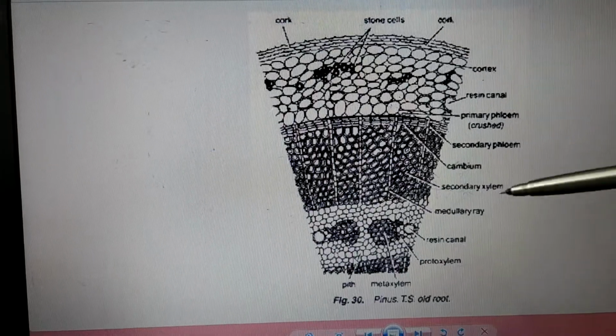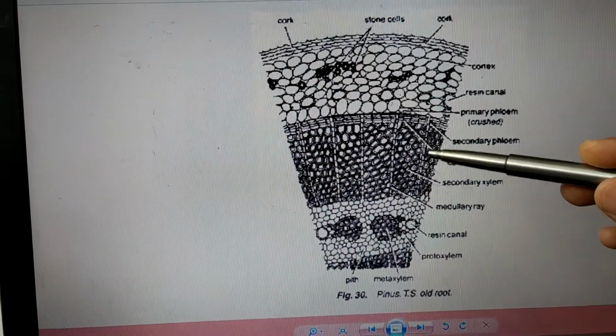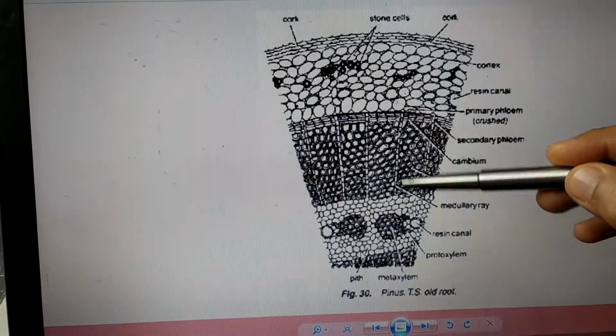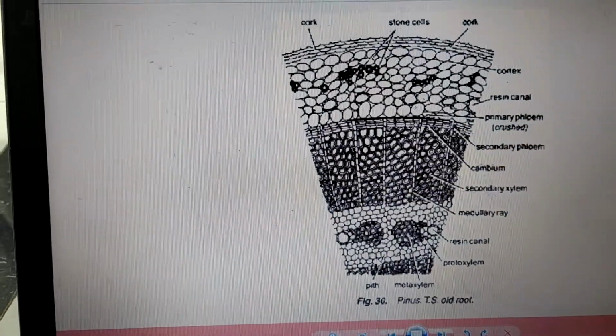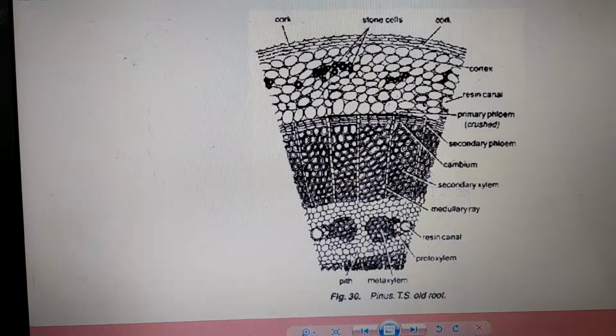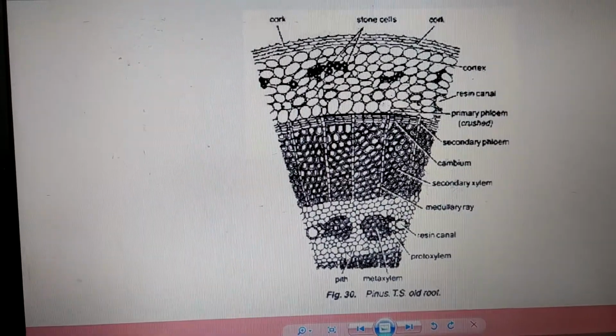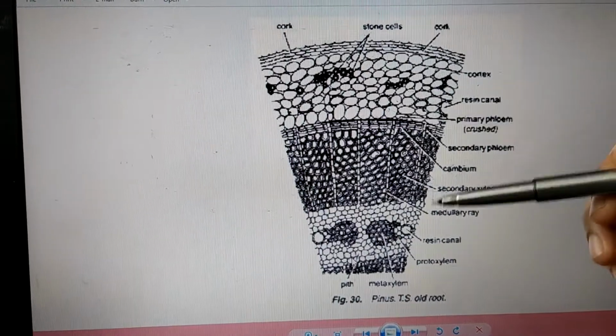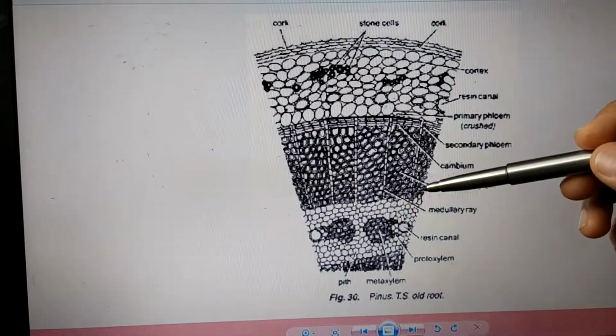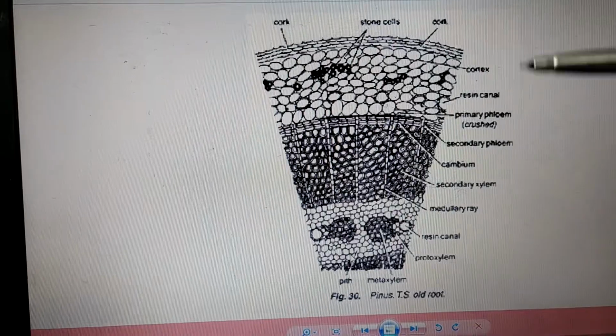And many medullary rays will be present. Can you see these single layer, uniseriate, ribbon-like rays? These are called medullary rays. These sheets or ribbons of cells run from inside of the plant to the outside. They run at right angles to the xylem as well as to the phloem.